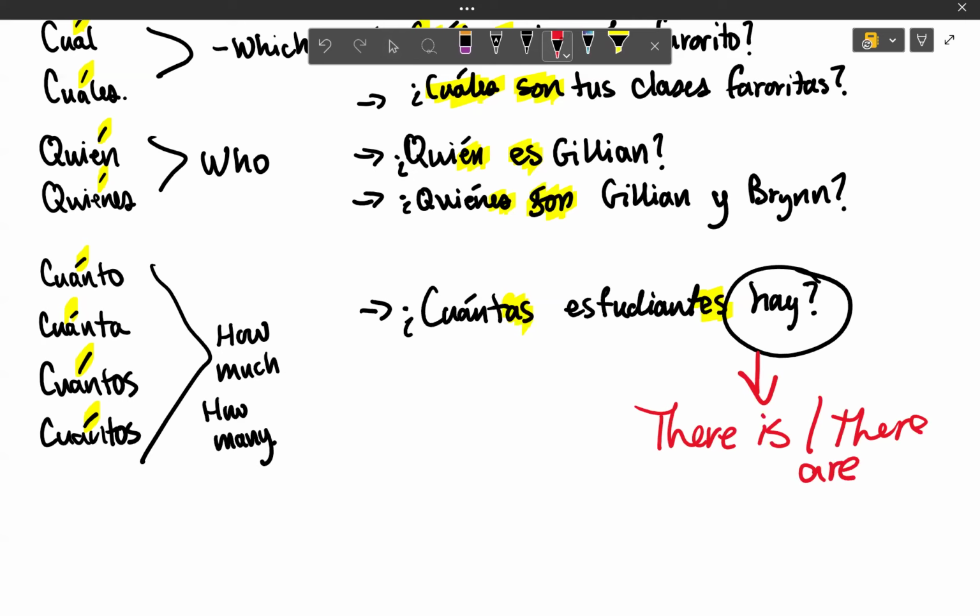And it's super useful in Spanish because we respond to this by saying hay 28 estudiantes. There are 28 students. So normally if you have an answer that talks about a number, a quantity of something, you know it's got to be a form of cuánto or cuántas. You have to make sure it agrees with the thing that is being counted.